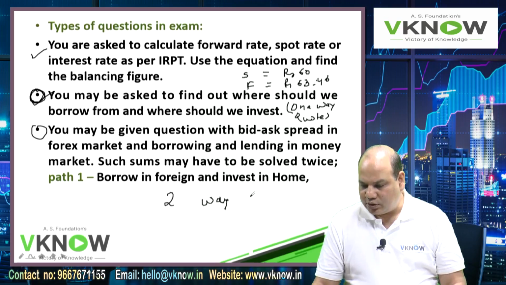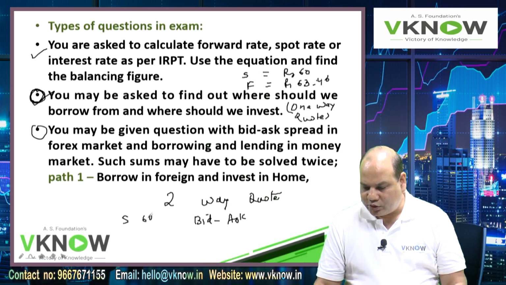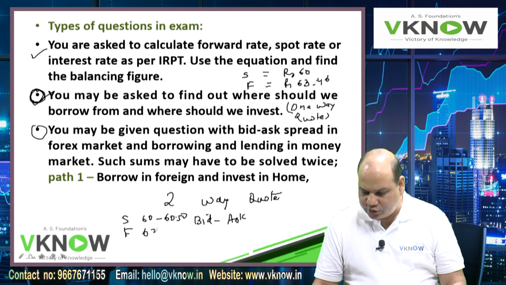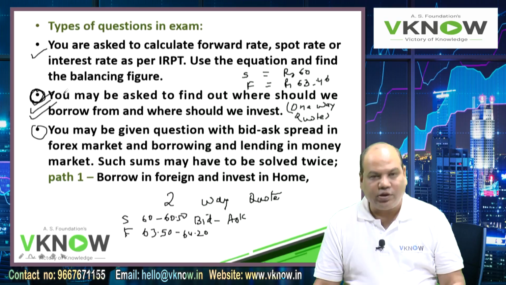two-way quotation means bid ask is given. So you will be given spot rate is 60-60.50 and forward rate 63.50 and 64.20, something like this. Now in this case, this method will not easily work.